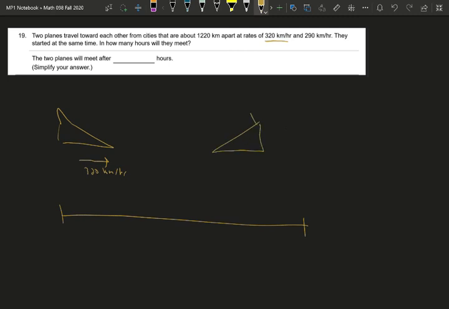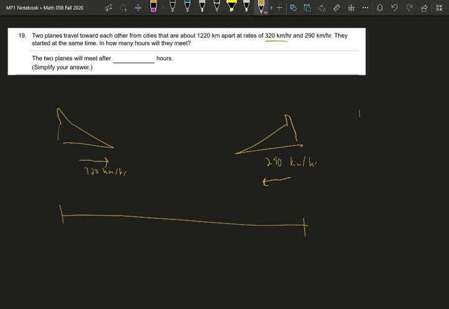Sorry for this terrible drawing. All right, hang on. This plane is, there we go, a little better, at 290 kilometers per hour. They started at the same time, and how many hours until they meet?